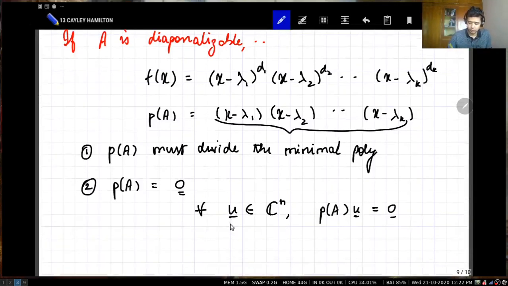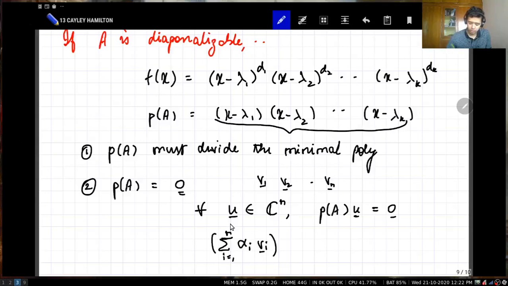And how can we prove this? Note that if A is diagonalizable, then we can have a basis of eigenvectors. Let's call v1, v2 up to vn the eigenvectors of A. So you can write any u as the summation i going from 1 through n of alpha i vi.